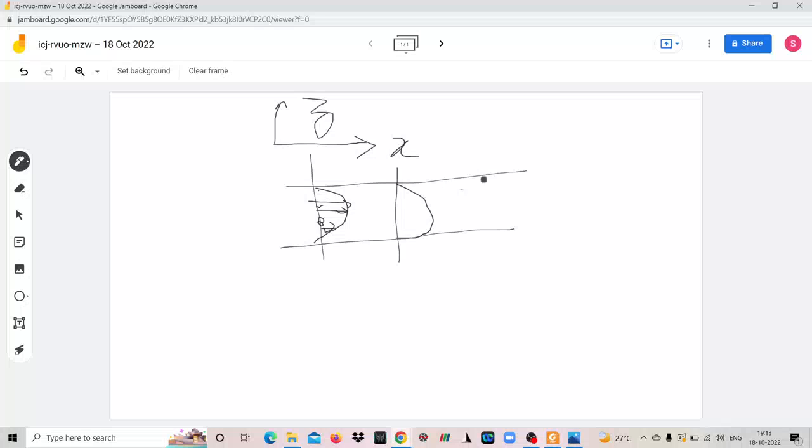But if your velocity distribution, say there is a hypothetical case, if it is something like this, then we say that the flow is uniform along x direction as well as uniform along z direction. Clear?